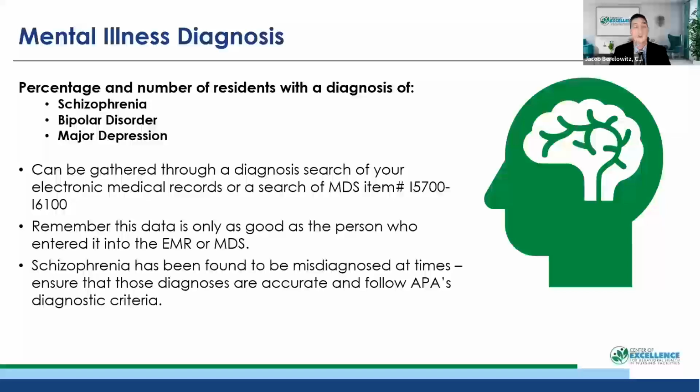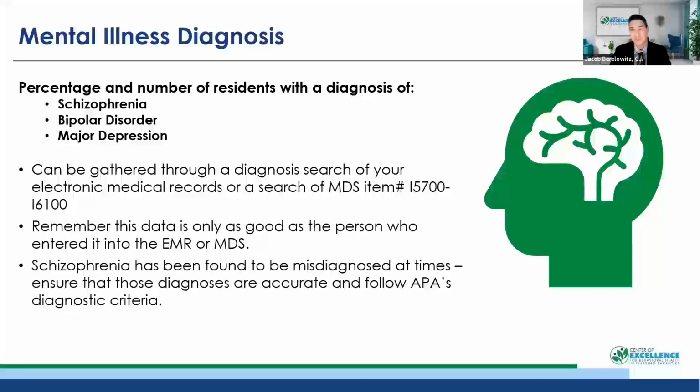If you're able to do a search of the MDS, or maybe your MDS coordinator has the most experience with how to pull that data out, you'll be able to find a similar list. And it might be interesting to do a cross comparison, to make sure that your medical record is matching up to what you're documenting and reporting in the MDS.